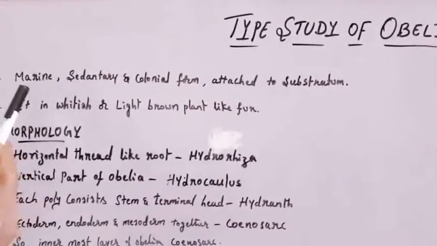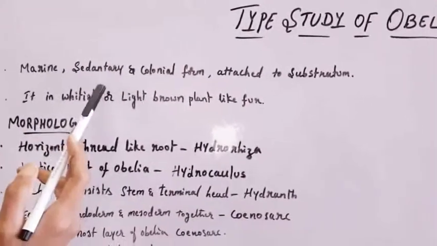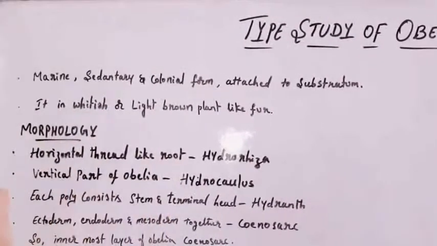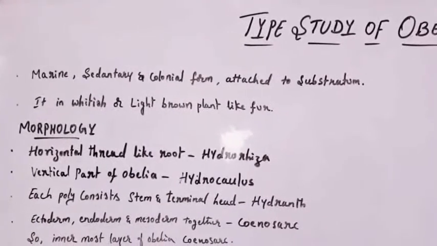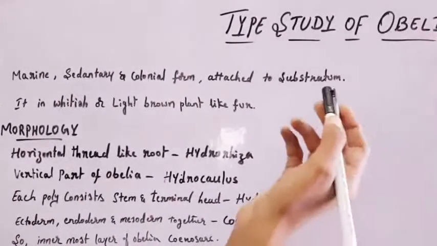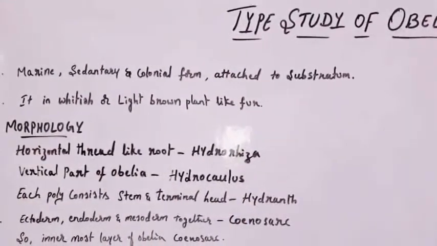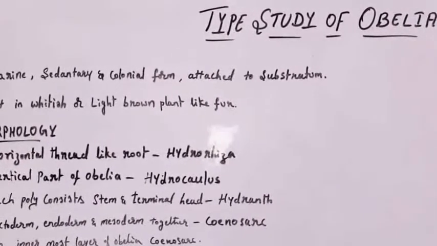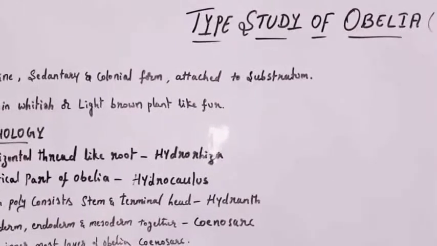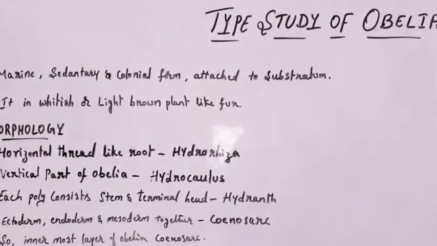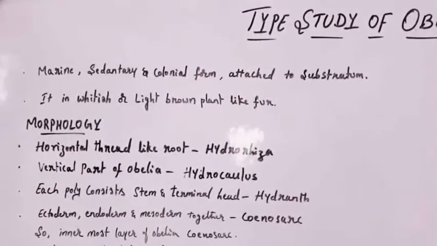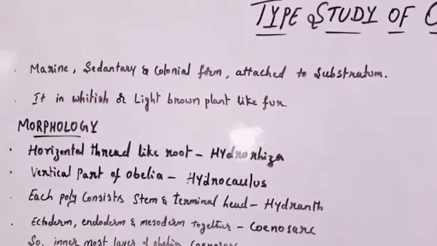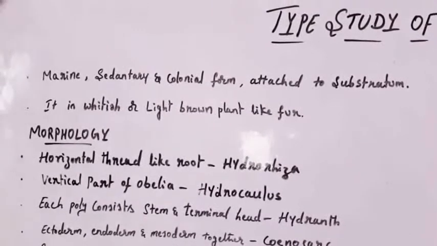Obelia is marine, sedentary and colonial form, and the Obelia is attached to the substratum, like rocks, molluscan shells or seaweeds. They are shallow water forms found up to 80 meters in depth, and these are cosmopolitan in distribution.